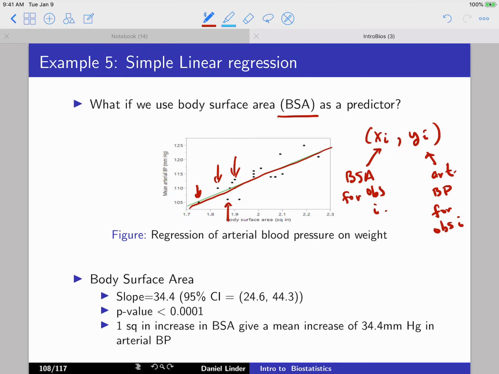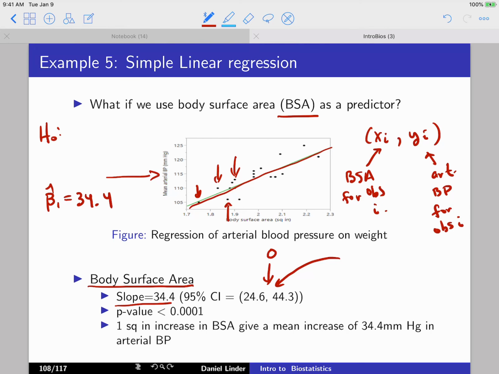Okay, so after we do our regression analysis here, where we now have body surface area as a predictor of arterial blood pressure, our slope wound up being 34.4, so our beta 1 hat estimate from this least squares line fitting was 34.4, and the corresponding 95% confidence interval is from 24.6 to 44.3. So again, you see that the null value, 0, is not in here.